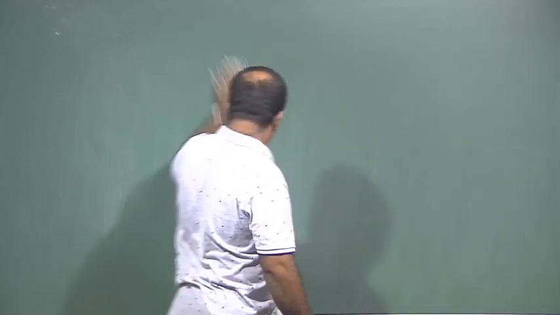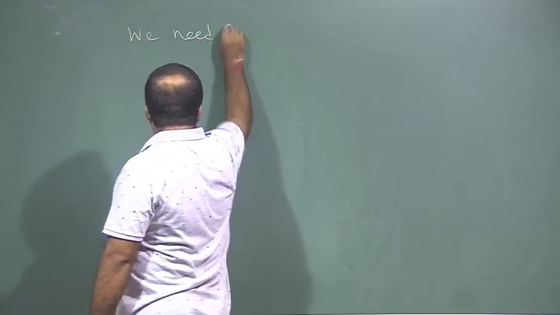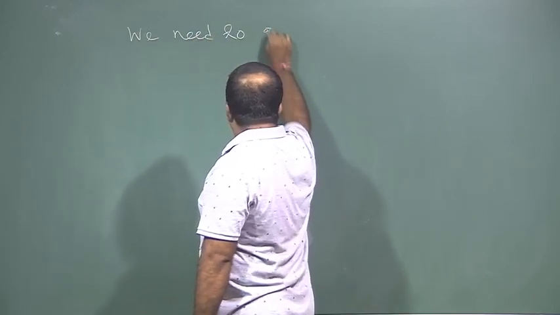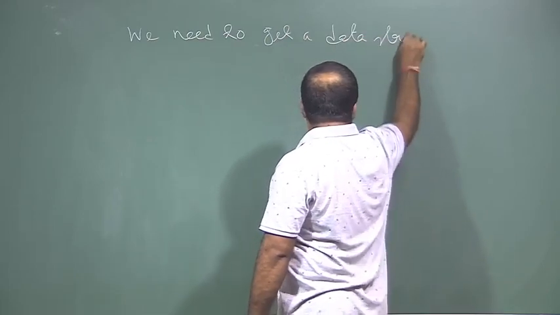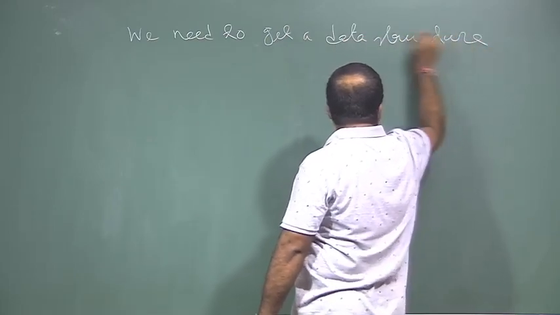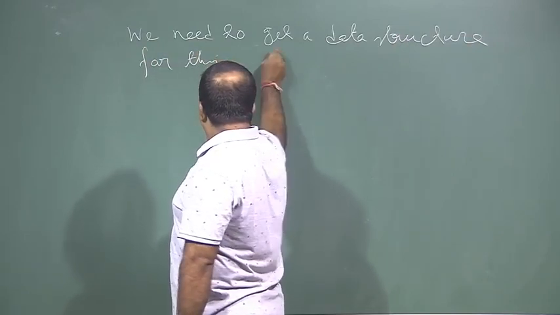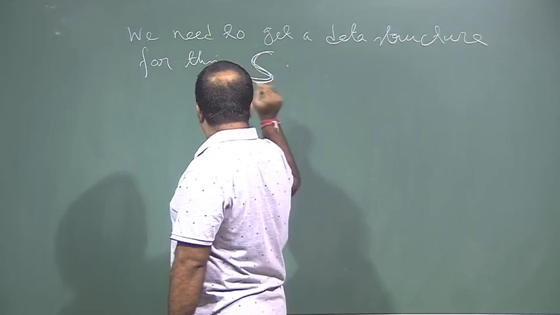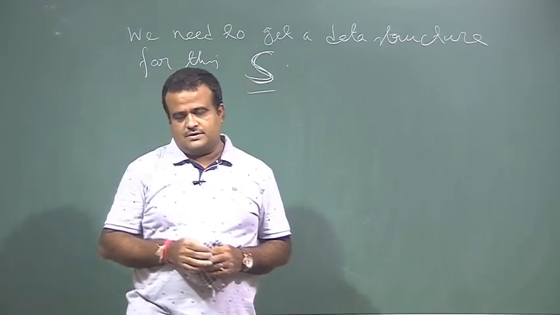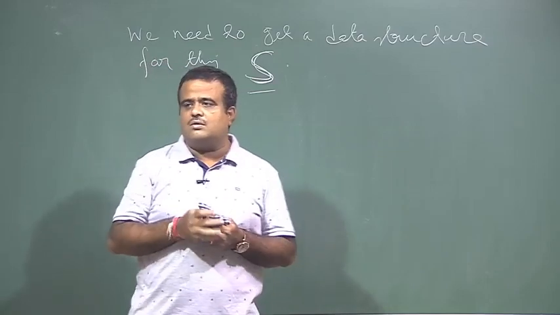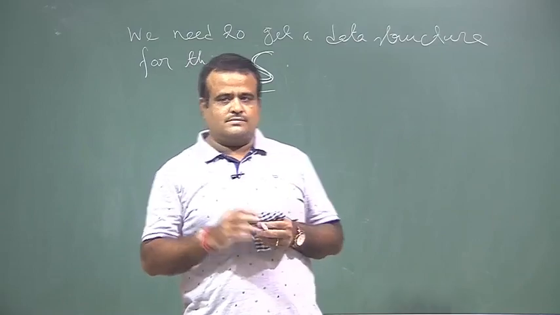We need to get a data structure for this collection of disjoint sets, where we should be able to perform these operations. So what data structure can we think of for this collection?